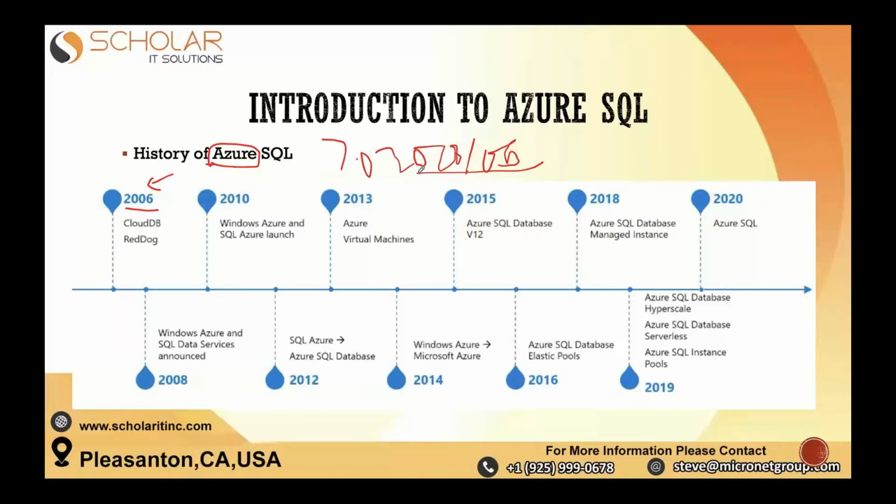Ray said, "You will be the chief architect for a project, and you will be responsible for taking SQL Server to the cloud." Back then they didn't say cloud, but the meaning was cloud. At that time, the project was called Cloud DB.